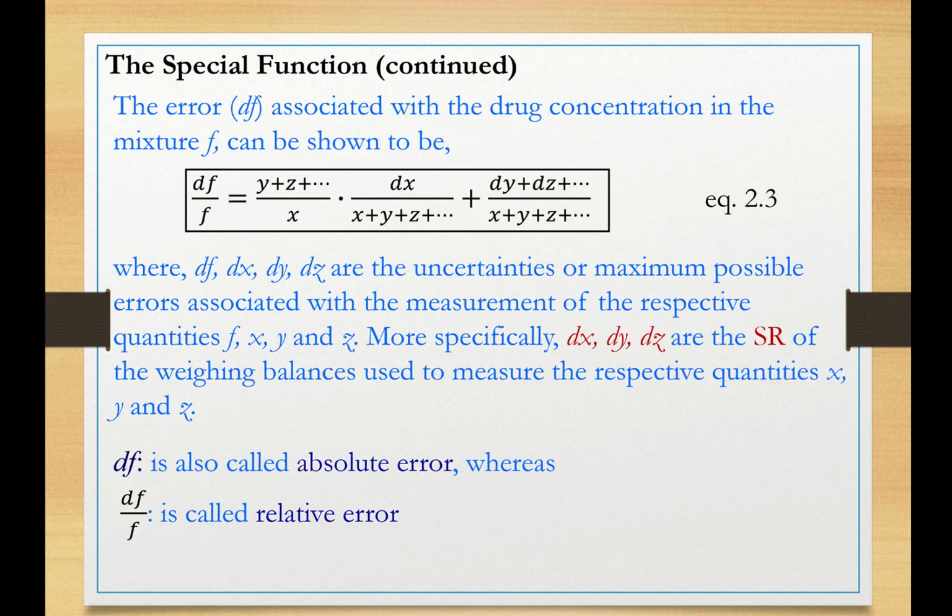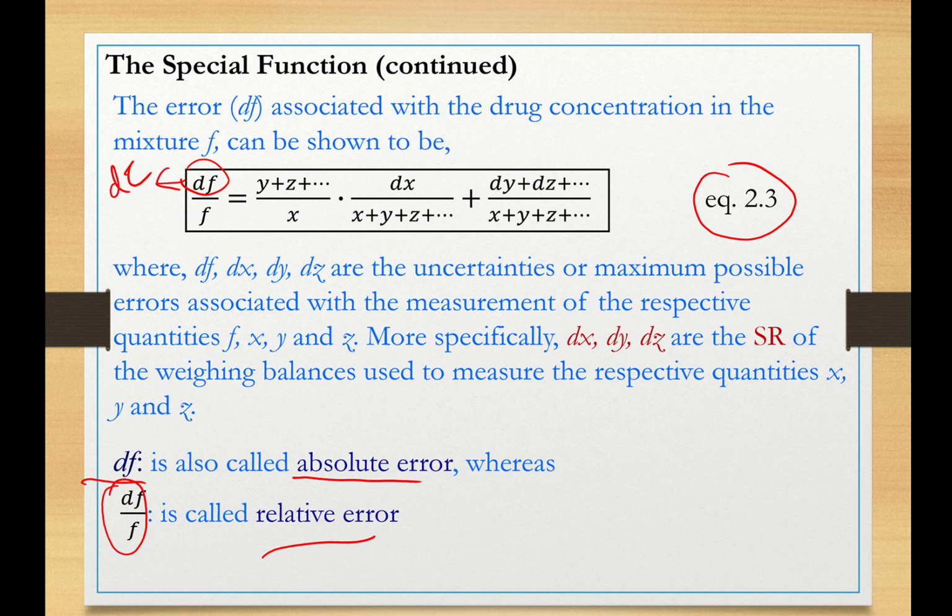When you carry out the algebra, the total differential of equation 2.1 is equation 2.3, and here dF is the absolute error of drug concentration. dF over F is the relative error of drug concentration. We have discussed these concepts, absolute versus relative error, extensively in Lesson 2.